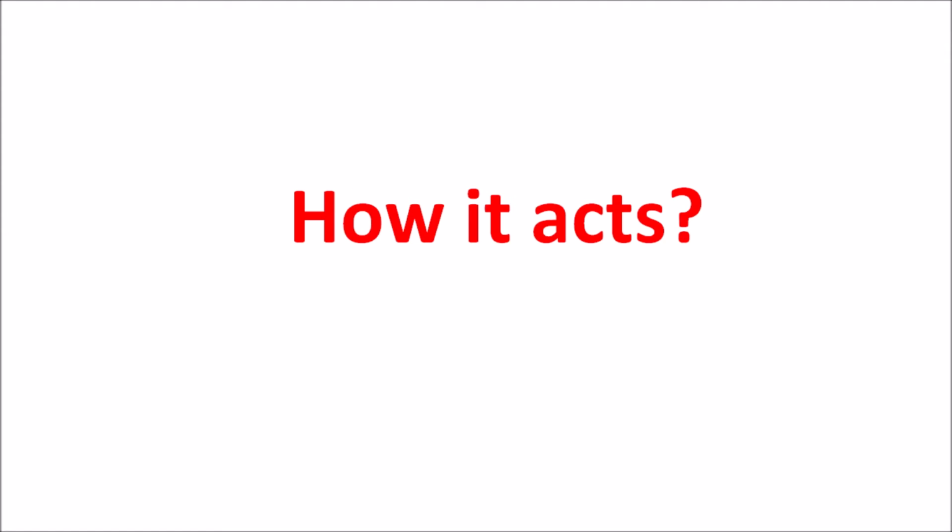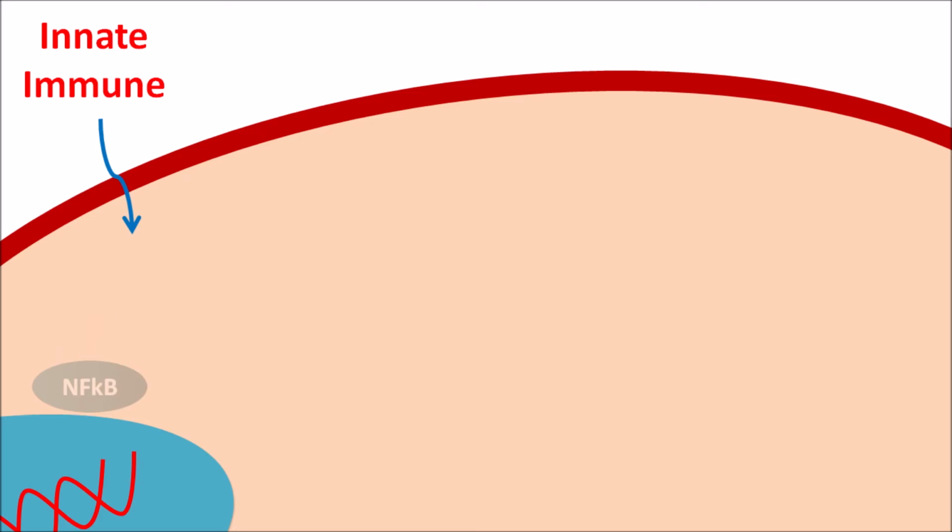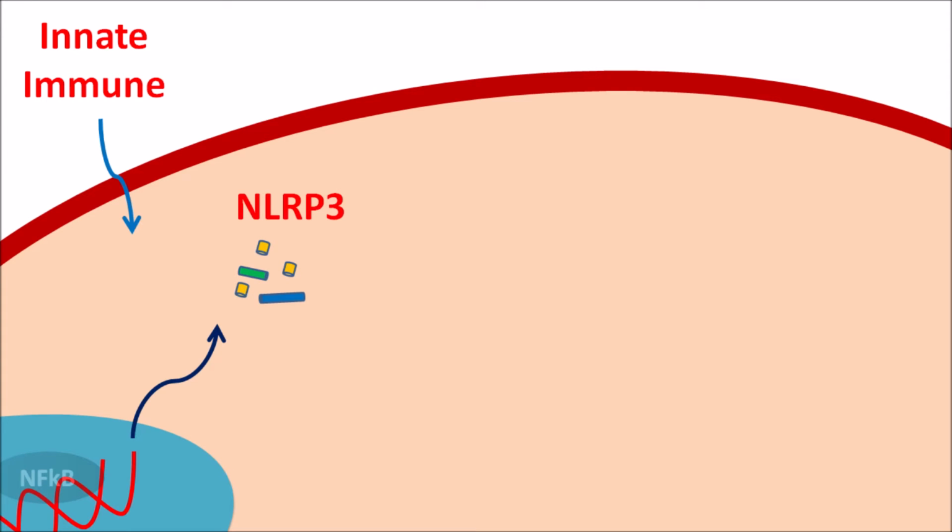Now let us see how this drug acts. Colchicine mainly acts on the immune cells such as monocytes and macrophages. When there is a stimulation of the innate immune response, it activates NF-κB, nuclear factor kappa B. This interacts with the DNA within the nucleus, which produces gene transcription and protein synthesis. So it releases a few proteins such as NLRP3.